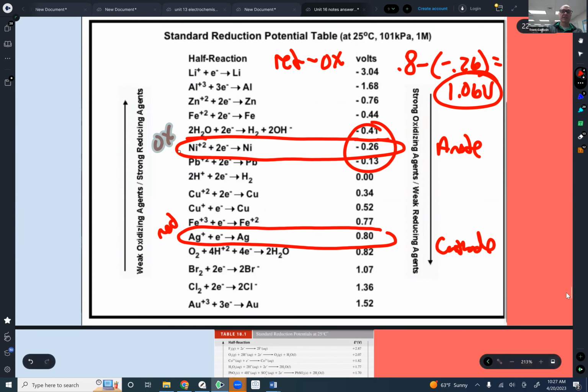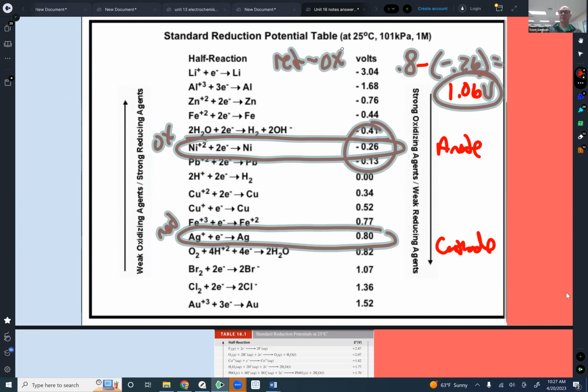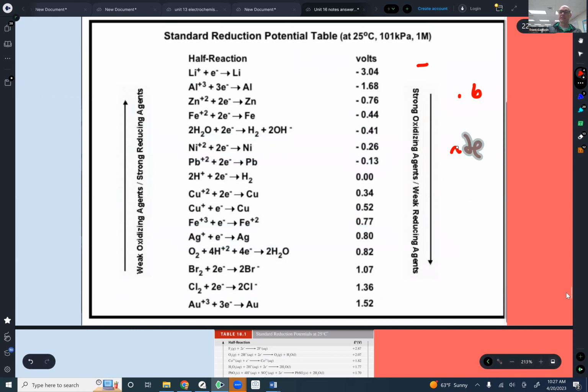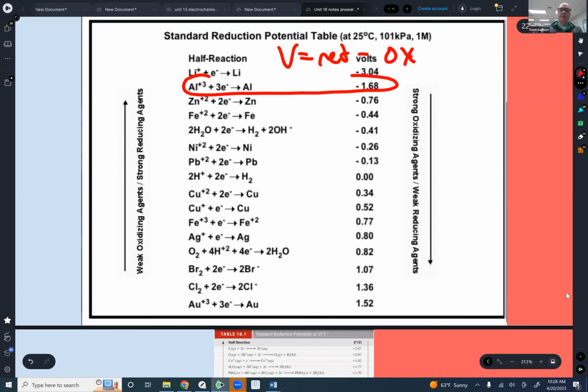So let's see what we've got. Some of that I shouldn't have erased because it's still valid, but that's okay. We'll just leave it as is. So the voltage is equal to reduction minus oxidation. Okay, so here is aluminum and here is iron.